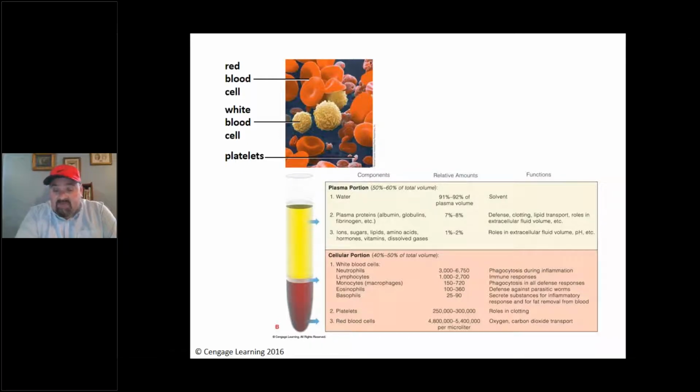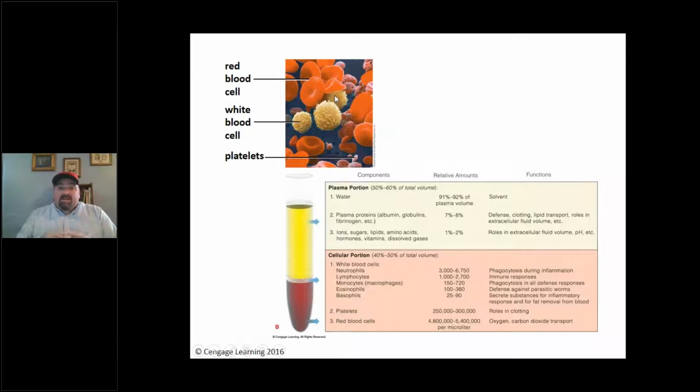And these antibodies have a very important specific role as far as your specific immunity. You'll see here also the roles in extracellular fluid volume. Because of the solutes present within the liquid, it helps to retain the liquid within the blood vessels.